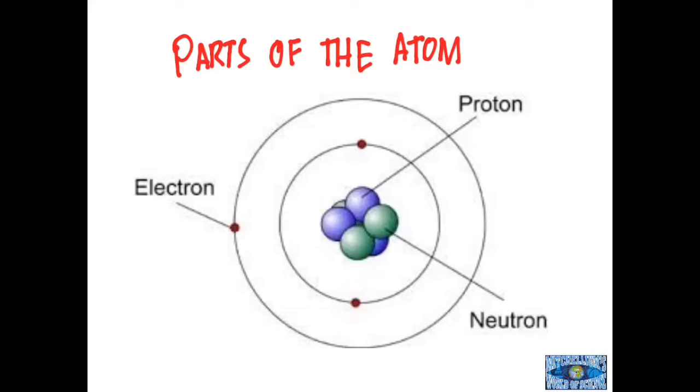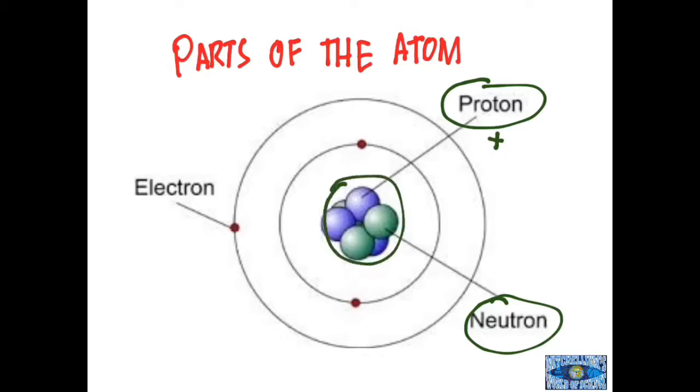So these are the parts of the atom. We have the proton, which is positively charged, and the neutron, which doesn't have any charge, and they comprise the atom's nucleus.